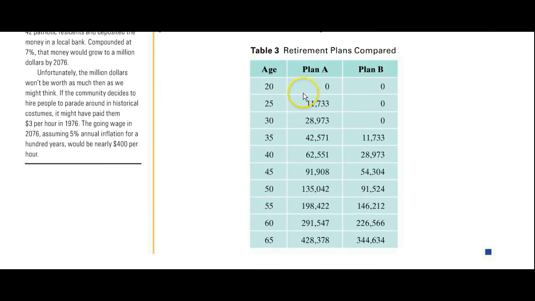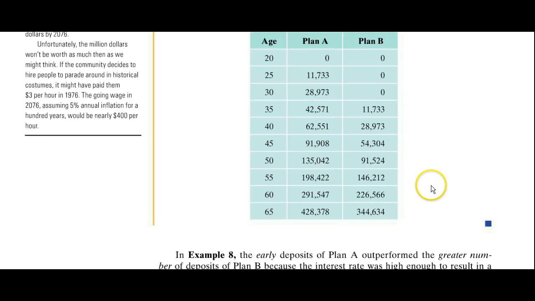Only investing for 10 years, the $20,000, by the time they're 65, they have $428,000. While the other person in Plan B, who waited until 30 to start investing, ends up with $344,000. Almost a $70,000 or so difference. Wow.